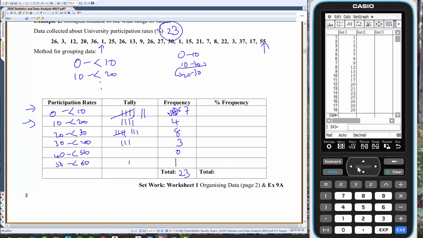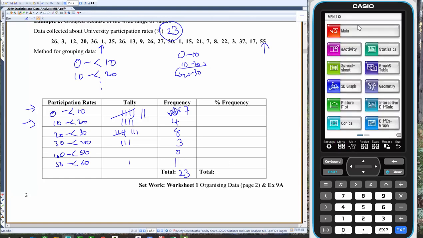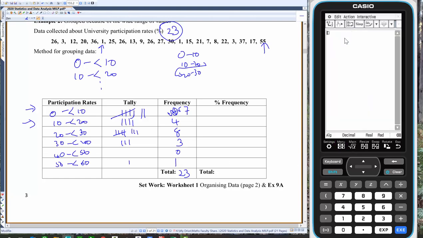Right, now let's do that conversion again to percentage frequency. So we're going to go 7 over 23 multiplied by 100. We're going to go to 1 decimal place. I'm going to write out my working for the first one, and then let's proceed. So 4 is 17.4.